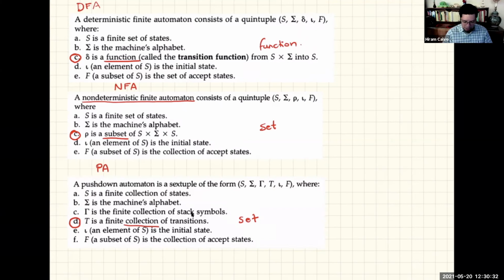And whenever we have a function which goes from S cross sigma to S, remember that a function maps, for example, something that says, given that I am on state 1 and I see an A, then I need to go to S2. And if I want to define this transition function, again, let's say, if I want to say, well, but also you can go to state number 3.